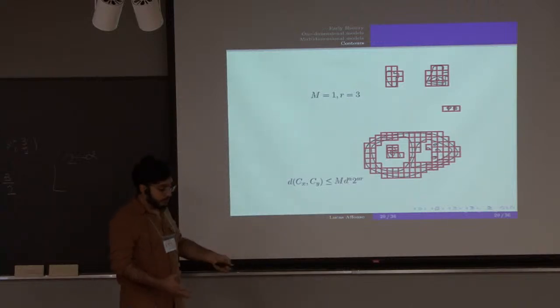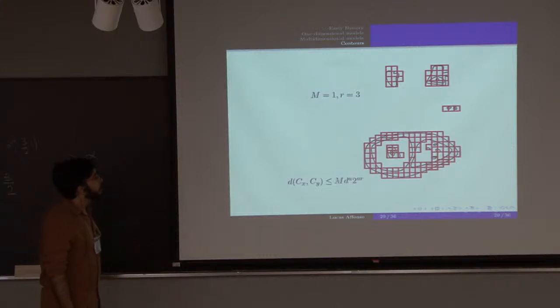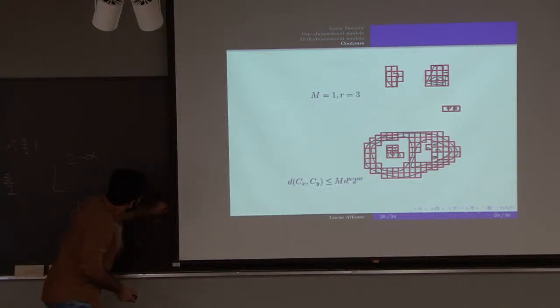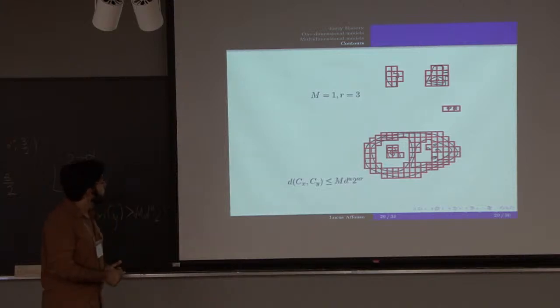Of course, this graph that you build may have many different connected components, and it will have different connected components exactly when the cubes are well separated. So the distance between them should be larger than this. Okay, so there is no edge between them.